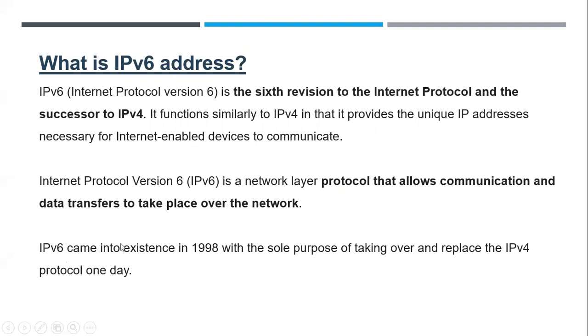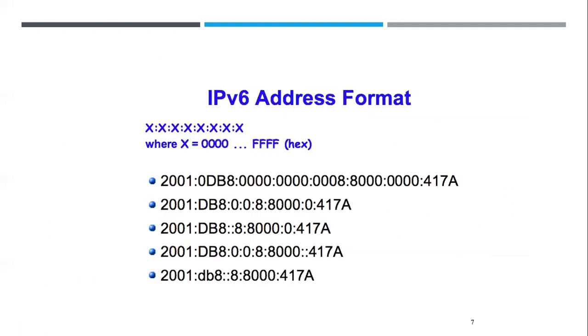IPv6 came into existence in 1998 with the sole purpose of taking over and replacing the IPv4 protocol one day. So it is in the process of replacing IP version 4. That is IPv6.